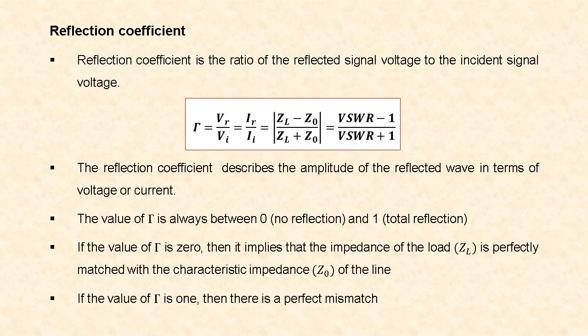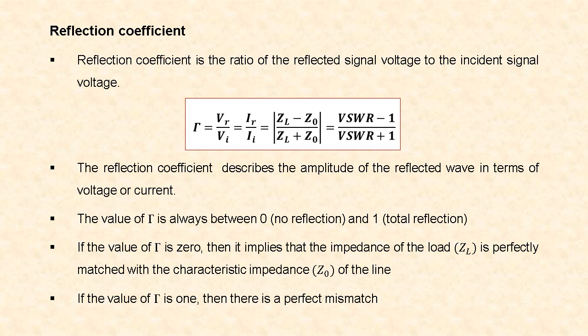Now let us see what is reflection coefficient. Reflection coefficient is the ratio of the reflected signal voltage to the incident signal voltage. Incident signal is nothing but the forward signal, and it is given by the formula gamma is equal to VR by VI or IR by II, and it is also equal to magnitude of (ZL minus Z0) divided by (ZL plus Z0).